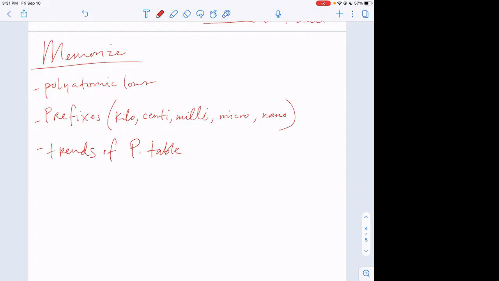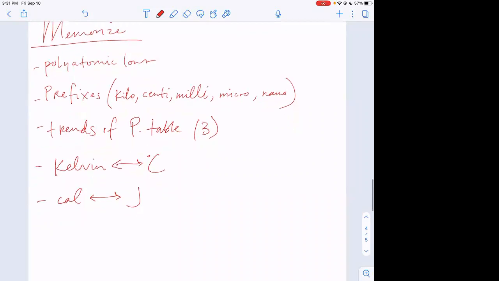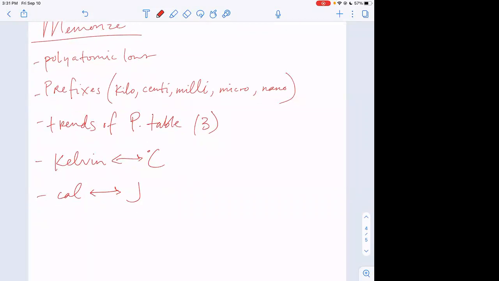You need to know the conversion between Kelvin to Celsius and vice versa, degrees Celsius. Know the relationship for calories and joules. You said you were gonna provide Celsius to Fahrenheit. Right. You need to know the equation for specific heat.